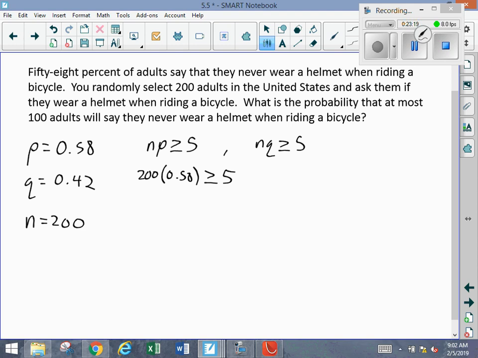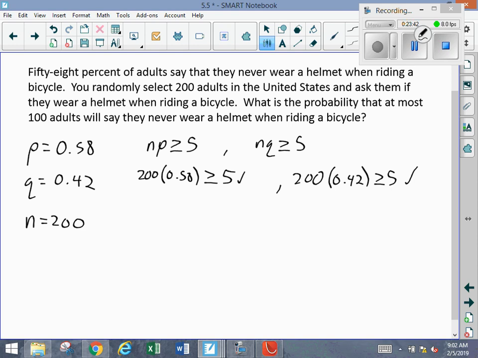Yeah, it is. It checks out. And then is N, or 200, times 0.42 greater than or equal to 5? Heck yeah, 42% of 200 is definitely bigger than 5. So we can just check that off.